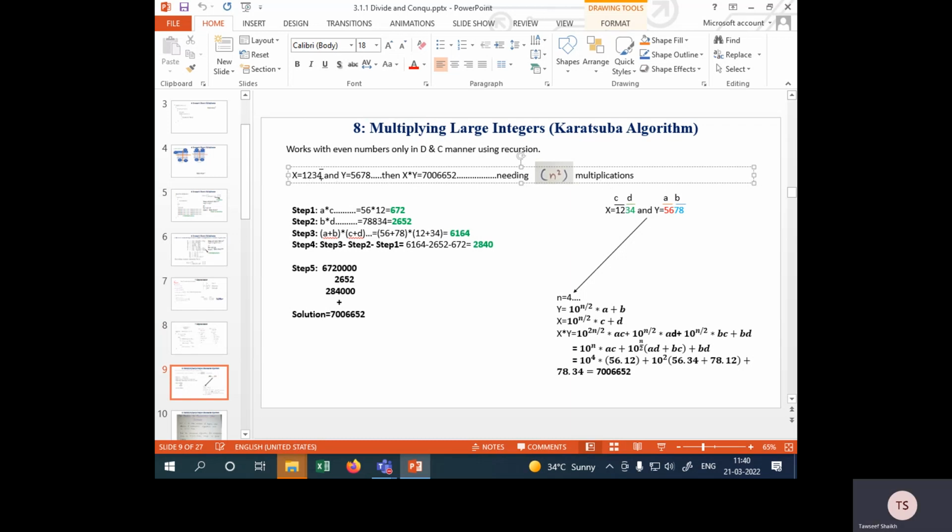So n is equal to 4, which means 4 into 4, 16 multiplications I had to perform in order to get this result.